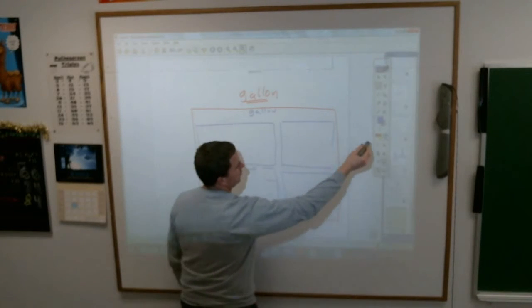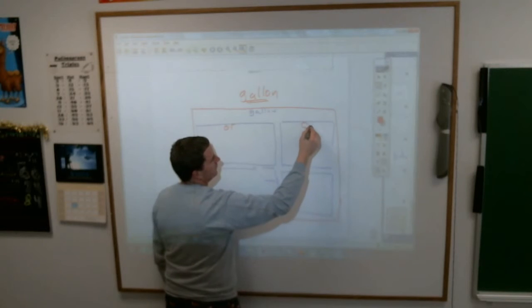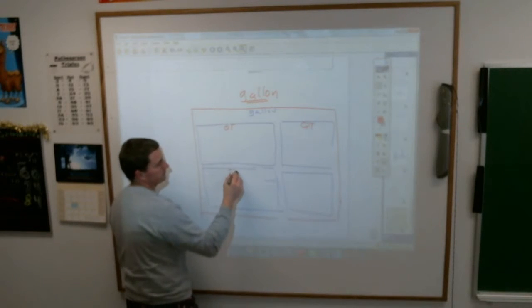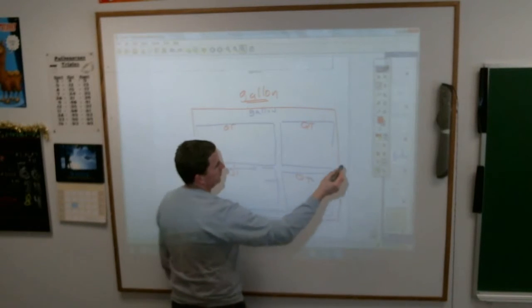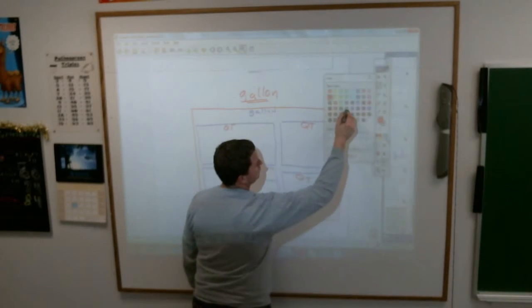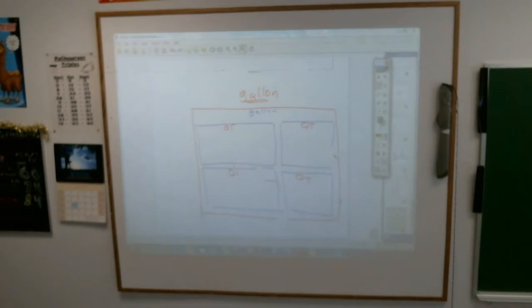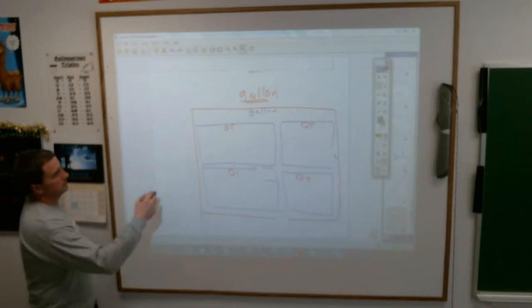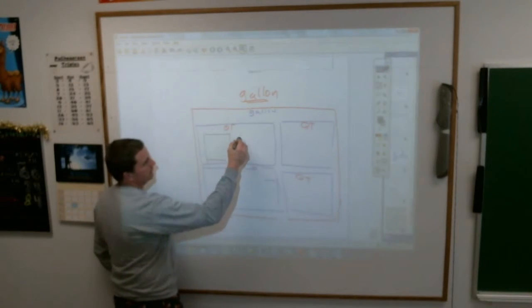Each one of these is a quart. Just abbreviate QT. And then each quart is separated into, Mr. Quart here, 2 pints. So inside every quart you have 2 pints.